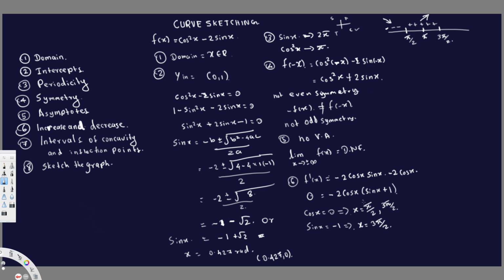So if cos is positive and sine is negative, this will become positive. And here, if cos is positive, this will become negative.